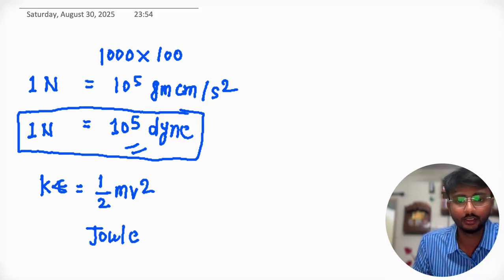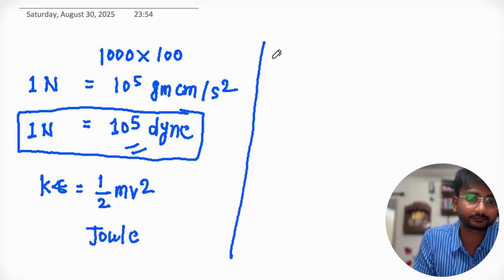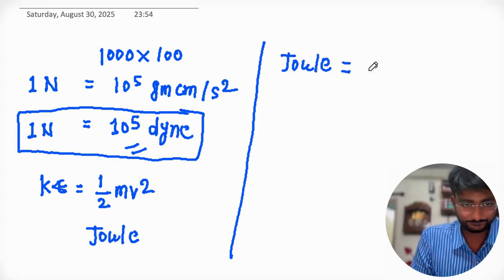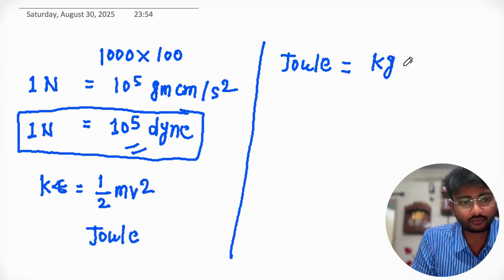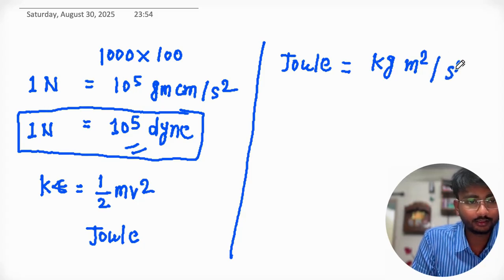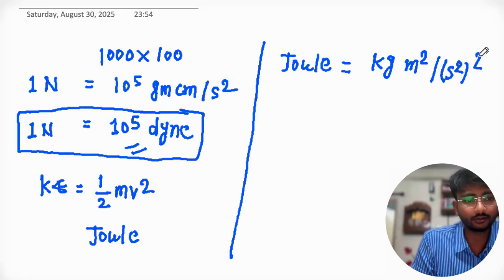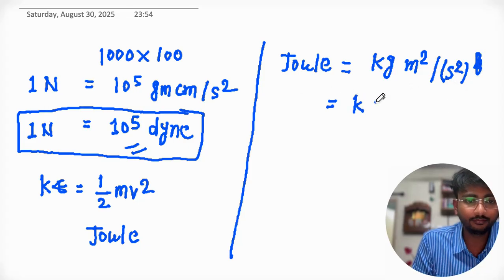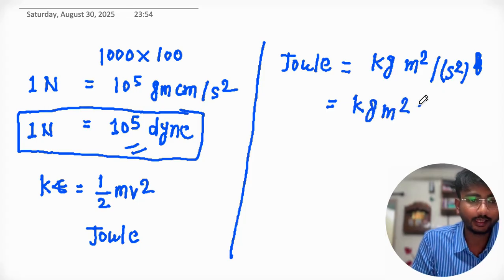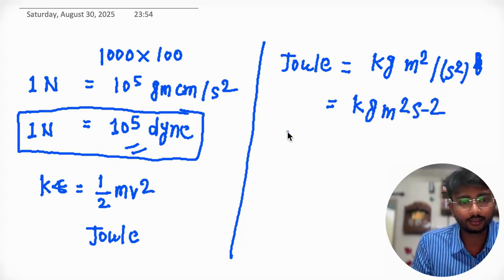So from here you can say that joule equals mass, that means kg, into v square, that means velocity square, meter square per second square. So this will be kg meter square s to the power minus 2, right?